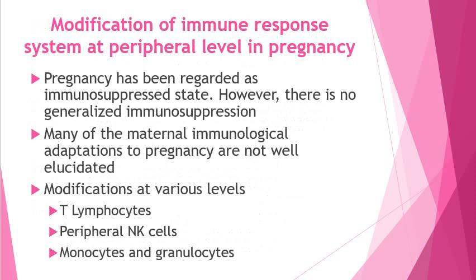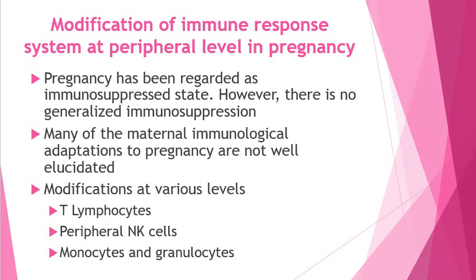So there is modification of the immune response system in pregnancy. As such, pregnancy has been regarded as an immunosuppressed state with progesterone acting as an immunosuppressant. However, there is no generalized immunosuppression during pregnancy.